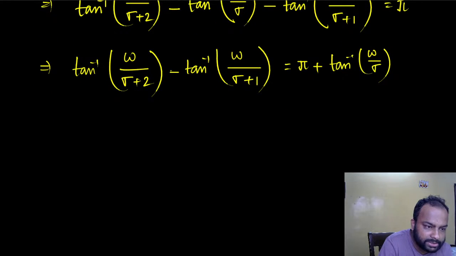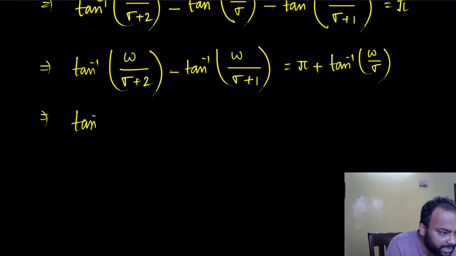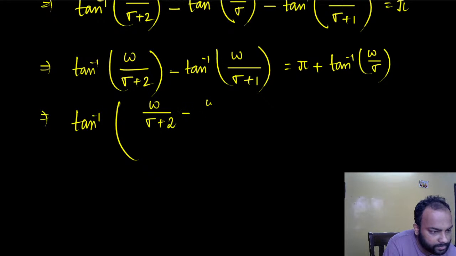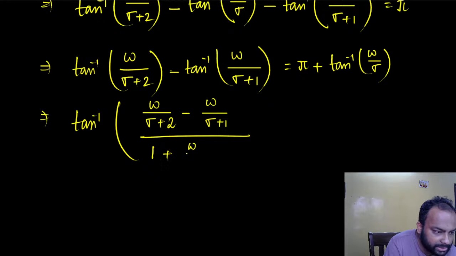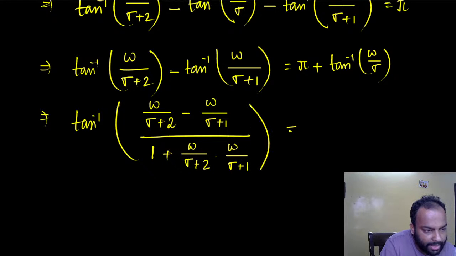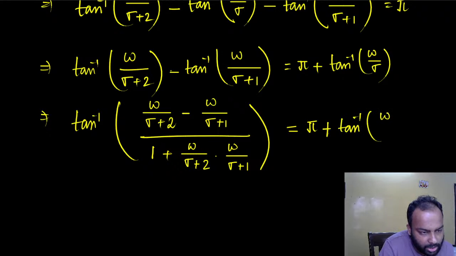All right, so now let's use the formula for the difference of two tan inverse. So tan inverse x minus tan inverse y, you know that already, and that's tan inverse of x minus y divided by 1 plus xy, and this is pi plus tan inverse omega by sigma.